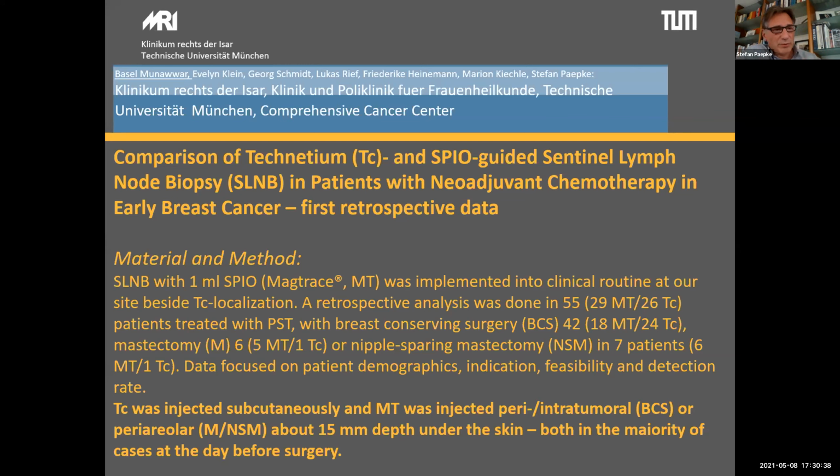I started because it was absolutely fine in my personal logistics. I started to inject the Magtrace immediately before surgery, that means 20, 30, 40 minutes before surgery.